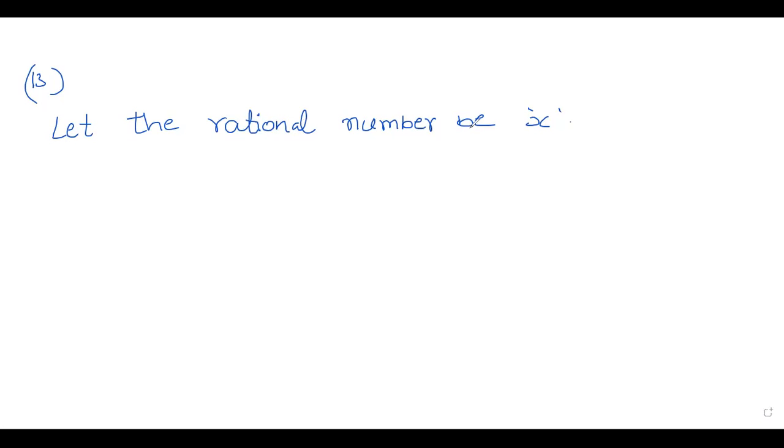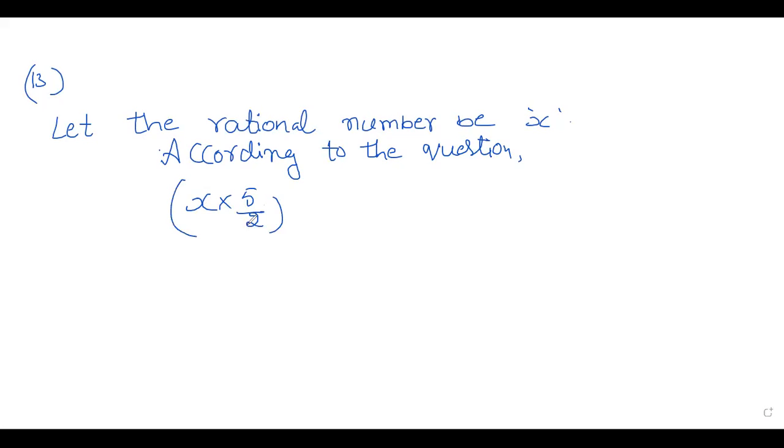You are multiplying the rational number by 5 by 2. According to the question, x into 5 by 2. For this product, you are going to add 2 by 3.